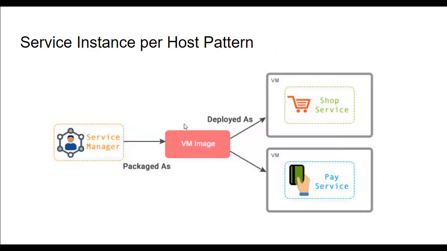Each service instance runs in complete isolation, and it has a fixed amount of CPU and memory, and it can't steal resources from other services. It is also easy to leverage mature cloud infrastructure, with features such as load balancing and auto scaling. The Netflix video streaming service is the best example of the service instance per host pattern.